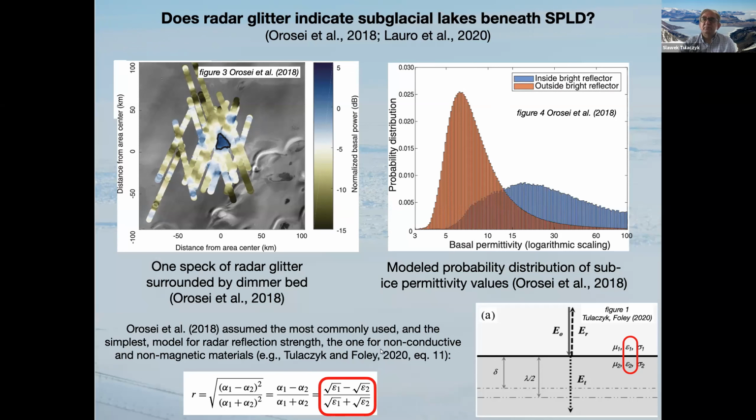And this is basically what led to the interpretation of the little high reflectivity anomaly on Mars, or anomalies, because there's more than one, as subglacial lakes, because we know that water has a very high relative permittivity. It depends on solute content and temperature a little bit, but around 80 is the most commonly quoted and used value. So that's 80 for water and about 3 for ice.